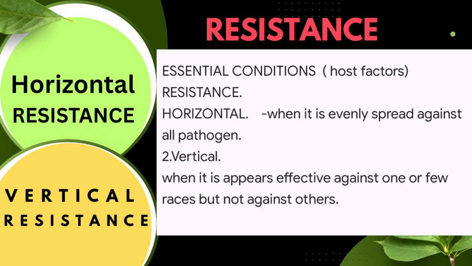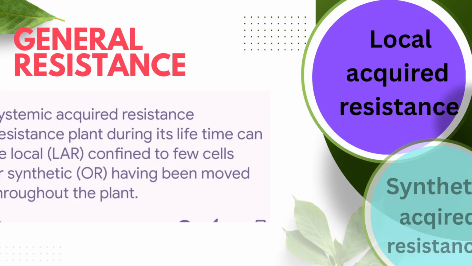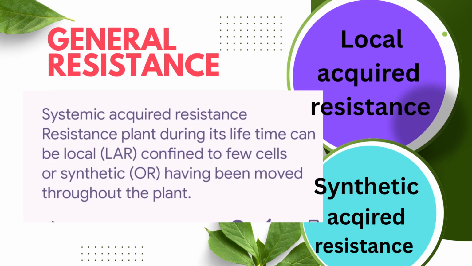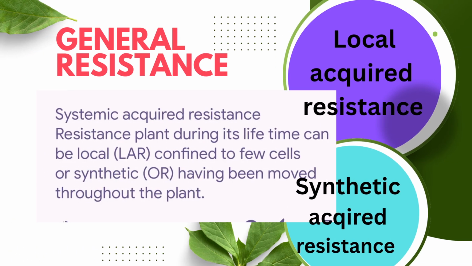It has more capacity and is safe from getting infected by all different types of microorganisms. Second type is vertical resistance. Here the plant has resistance only to one kind of pathogen, either bacteria or viruses.